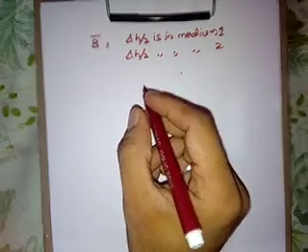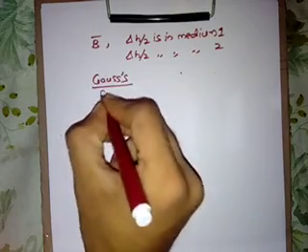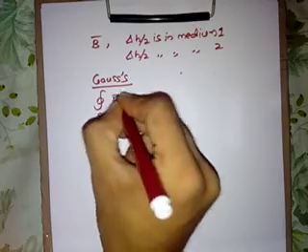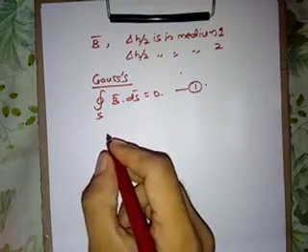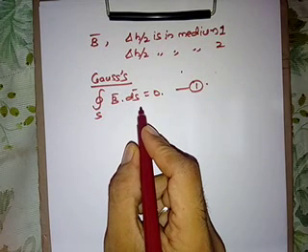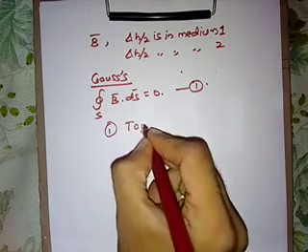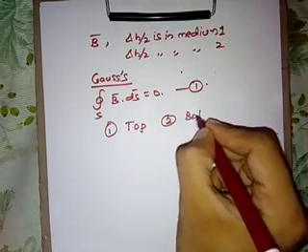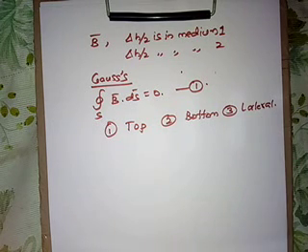According to Gauss law for the magnetic field, we know that the closed surface integral of B bar dot dS bar is equal to 0. To evaluate this integral, we have to evaluate it for the entire Gaussian surface, which has three surfaces: the top surface, the bottom surface, and the lateral surface. The cylinder has its axis along the z axis.